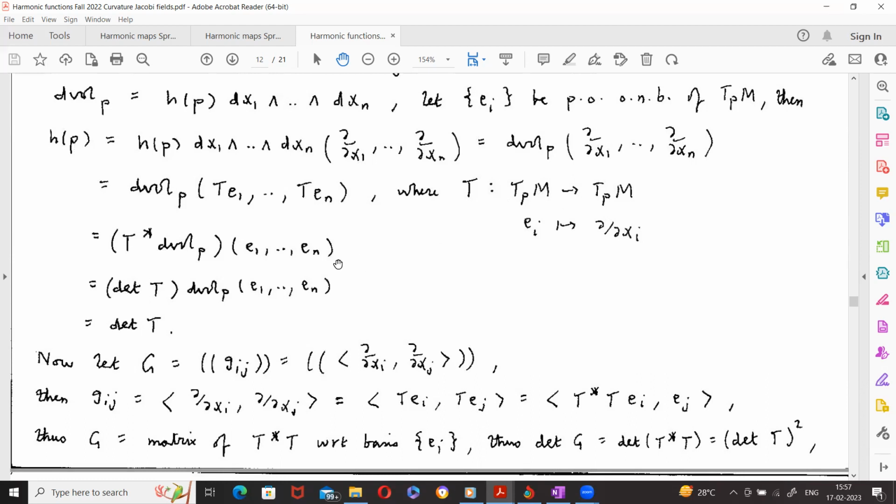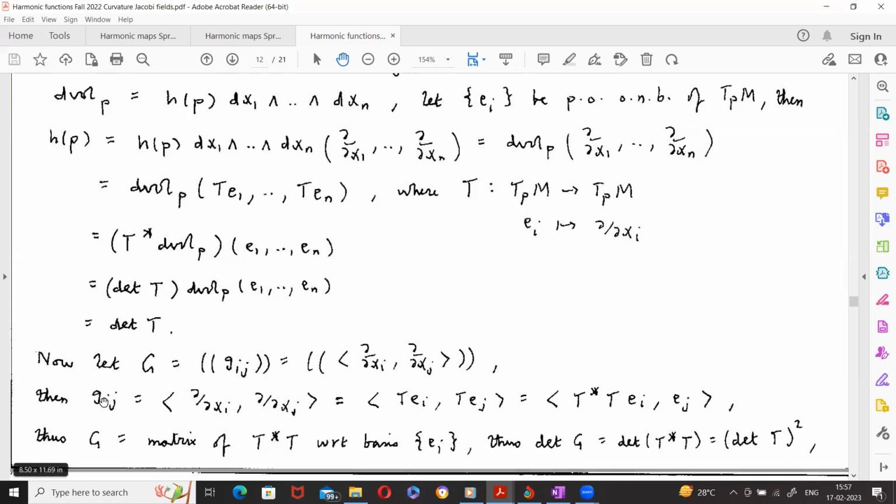And how do we work this out? Well, we take the matrix of the Riemannian metric, capital G. That's the matrix g_ij. So now g_ij is what? It's the inner product between del/del x_i and del/del x_j. That I can write as the inner product between Te_i and Te_j. And that I can write as the inner product between T star T of e_i with e_j. But this last expression is nothing but the ij-th component of the matrix of T star T with respect to the orthonormal basis e_i.